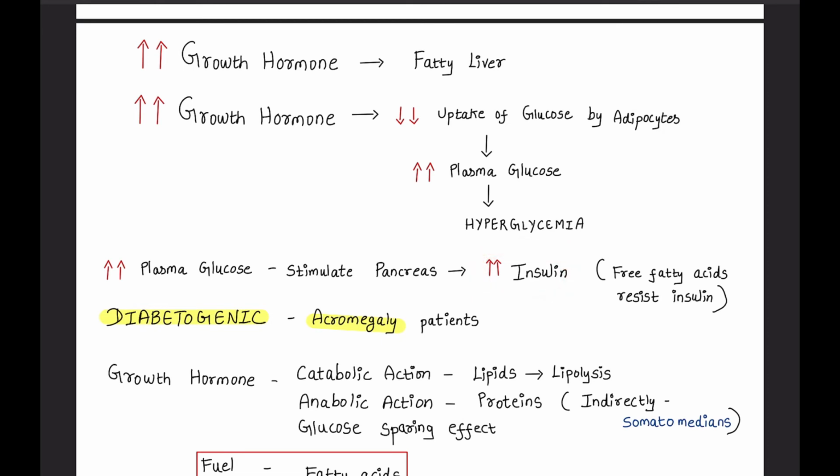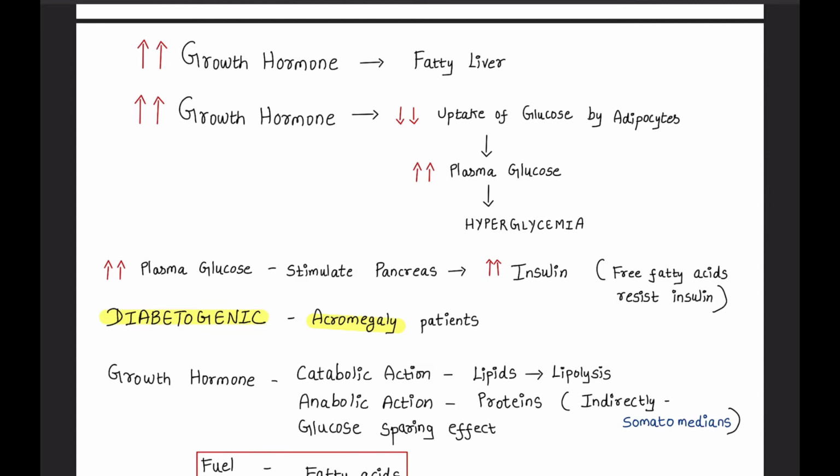Here this insulin is resistant to the free fatty acids, that is, this insulin cannot make the glucose uptake by the muscle tissue cell. So this insulin is of no use here. But if you give insulin externally through injections, or if insulin is formed in some way other than by growth hormone, then the glucose uptake by the muscle tissue cell happens.